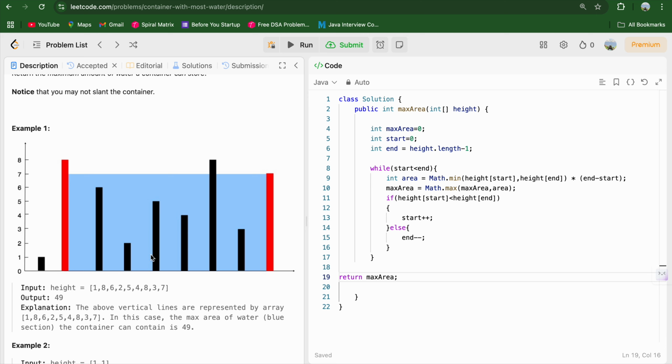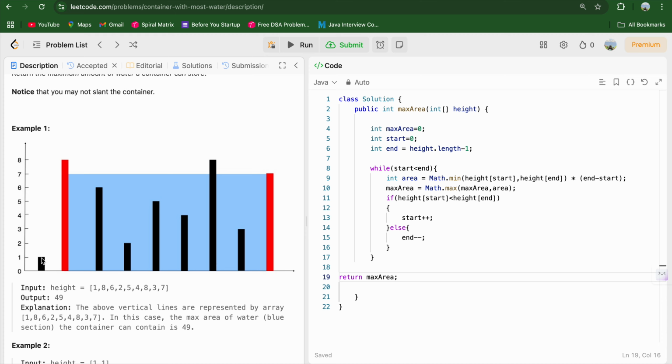So even if we decrement end and we come here, the height will be determined by the lower boundary, right? This will be the level of water. So it kind of makes no sense decrementing the higher boundary. And again, if suppose the very next boundary next to the higher boundary was something greater than that particular boundary, again the height of the water would be determined by the lower one.